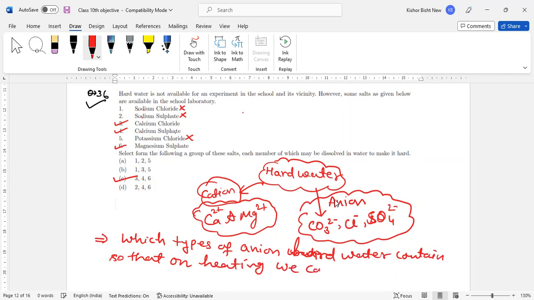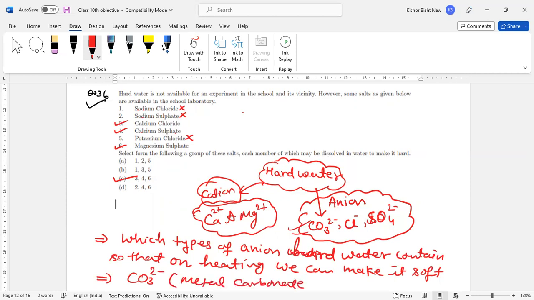We can make it soft. So please remember only the carbonate ion, not chloride and sulfate. So your answer is metal carbonate. Okay, come to the next question.